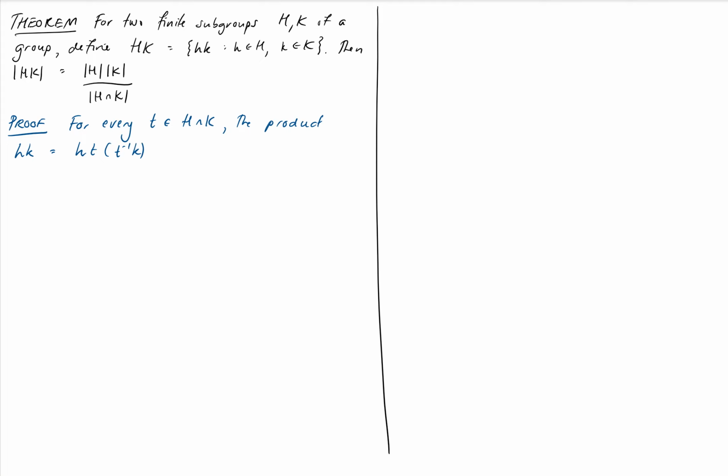Now once I've done that, the first factor is still in H, the second factor is still in K, so I have a number of different choices of writing the same element using different choices of t. That means that hk can be written in a number of different ways, at least one for every t in the intersection.